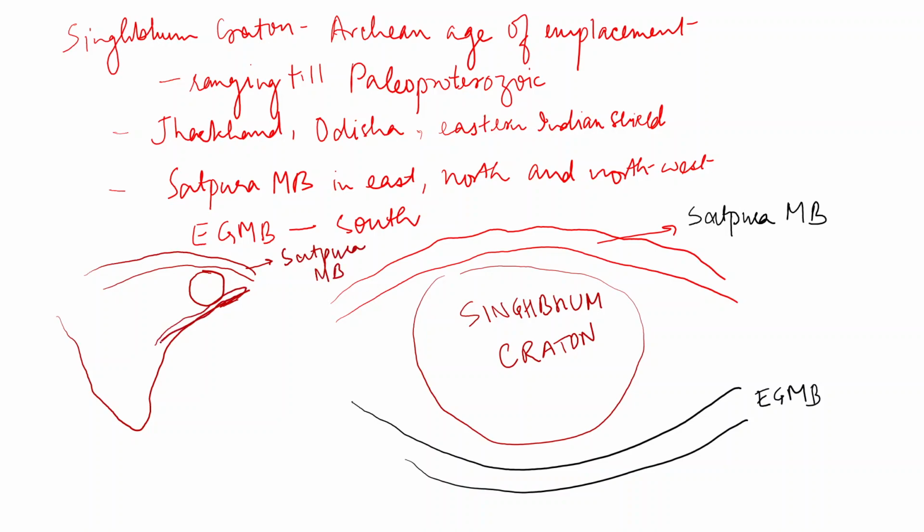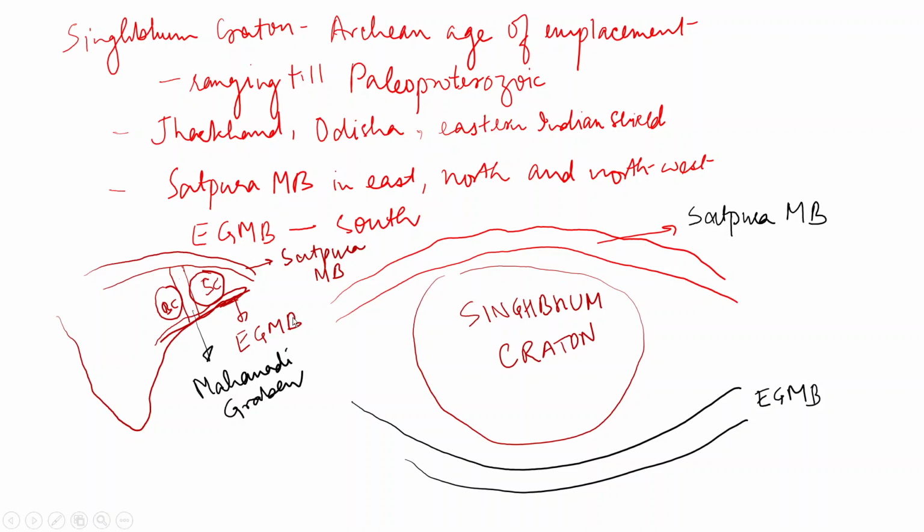This is the Eastern Ghat mobile belt. This is the Singhbhum Craton, and somewhere over here is the Bastar Craton. The Bastar Craton and Singhbhum Craton are separated from each other by the Mahanadi Graben.